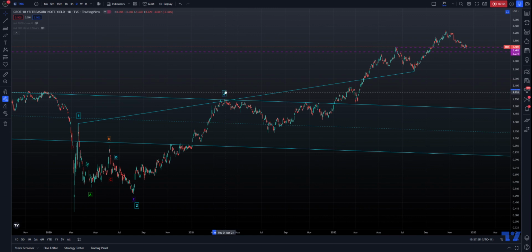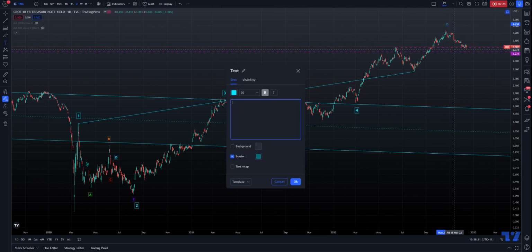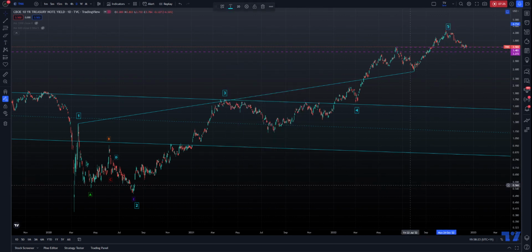Okay, so process of elimination, you start to see that there's some kind of zigzag pattern here that to me is almost in line with what would be a wave three, and then potentially an A, B, C, D, E, and then we could basically have seen a wave four here, a wave five up here for that zigzag looking pattern that occurred there. So does that mean that we've seen a temporary top in interest rates?